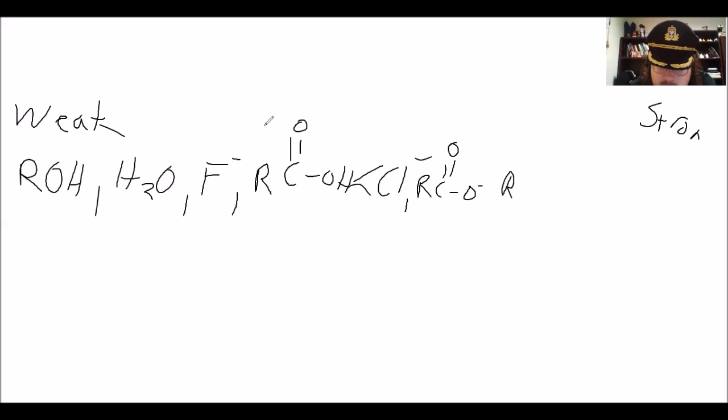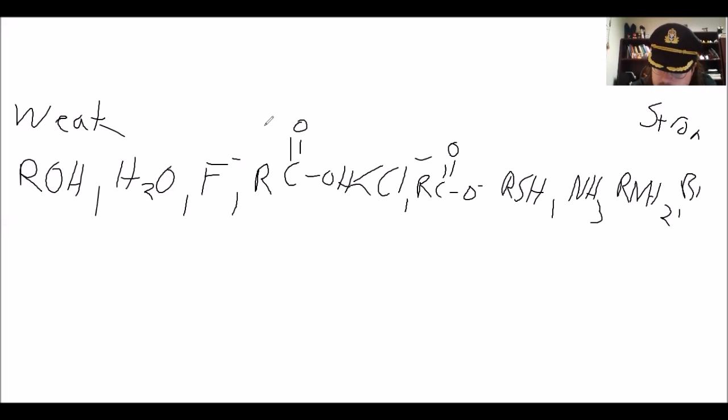And we got some sulfides, some various amines, so NH3 and RNH2. I've run out of room already. Br minus. Going down, start on the next row.